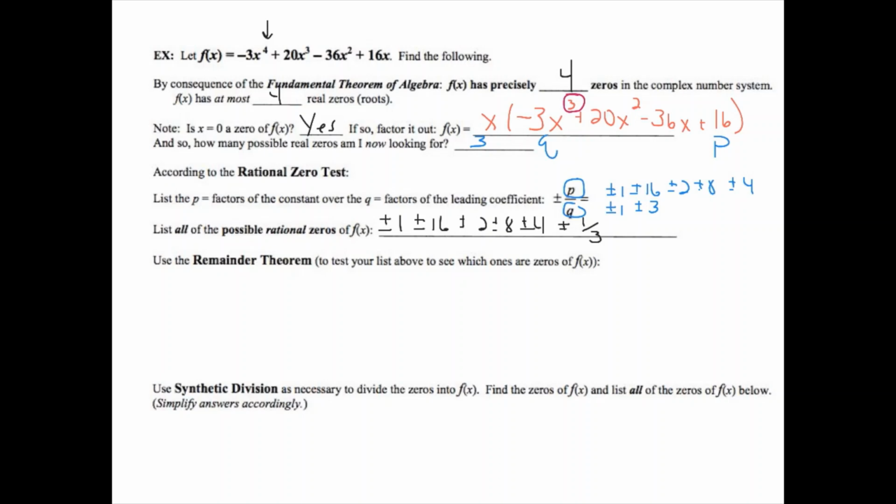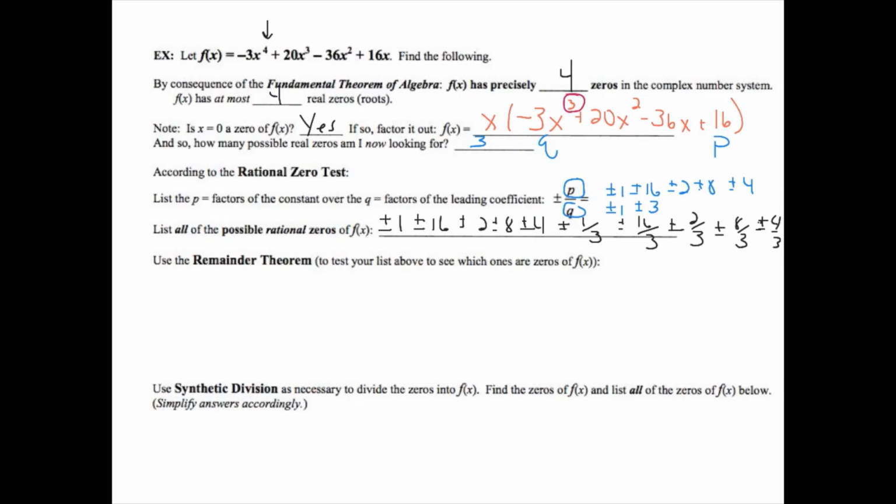So 1 over 3, 16 over 3, 2 over 3, 8 over 3, and 4 over 3. So all of these are possible. If the graph is going to cross at any rational number, it's going to cross at one of these.